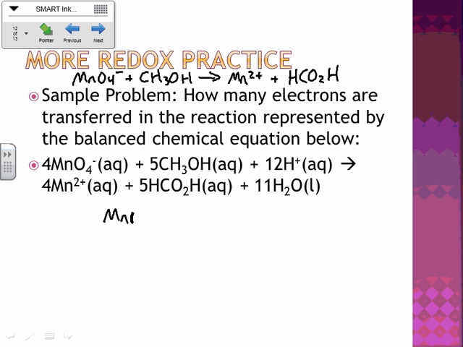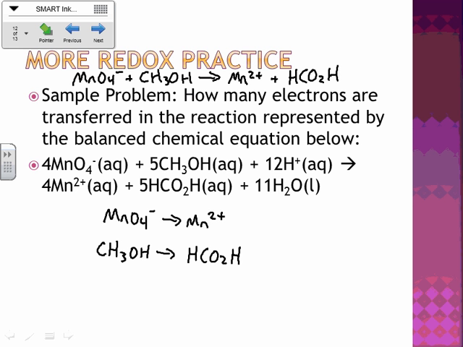Okay? So then I'll just write my two half reactions here. I've got MnO4 minus yields Mn2 plus, and I've got CH3OH yields HCO2H. Okay? And then I'll just balance this thing the way that I have been before. Now we don't have to finish this one.